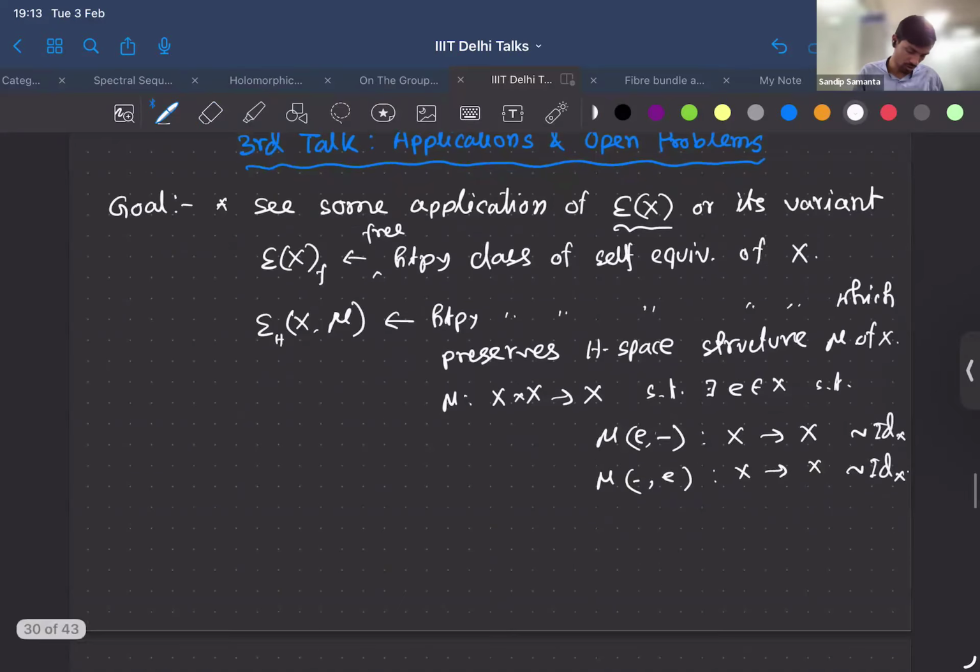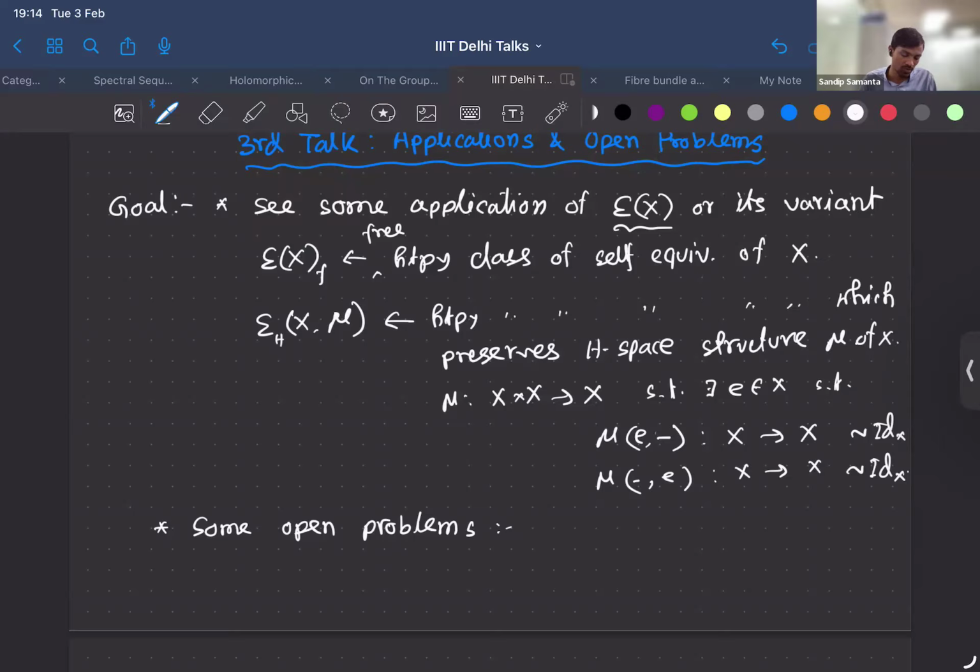So we'll see some examples and applications of those things, and lastly we'll see some open problems. Up to a certain level, some problems were already solved, or some still remain, but for those one needs to develop some new techniques, since the known techniques we already have do not give any immediate solution.